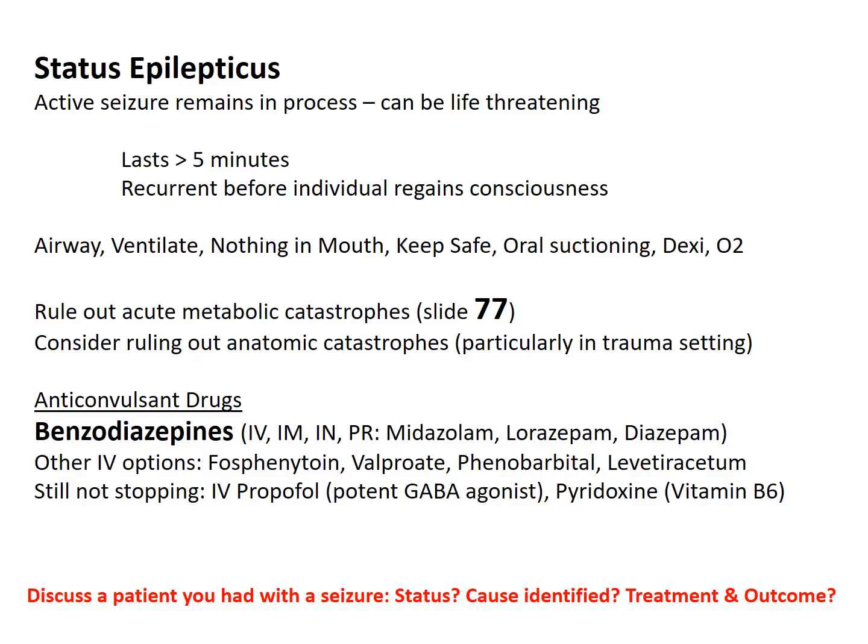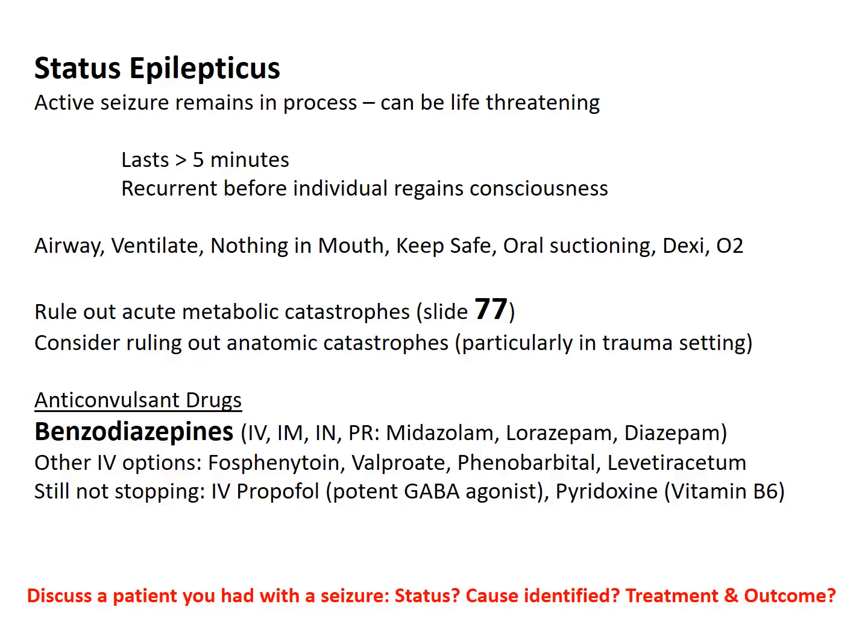Status epilepticus is a term given to an individual who has a life-threatening seizure where that seizure has been going on for more than 5 minutes and that individual is not regaining consciousness. So a lot of you have actively resuscitated people in status epilepticus. You know the important parts of that are airway, ventilating the patient, nothing in the mouth, keeping them safe, oral suctioning, checking a Dextrostick because of hypoglycemia, pulse oximetry and monitoring oxygenation, right?